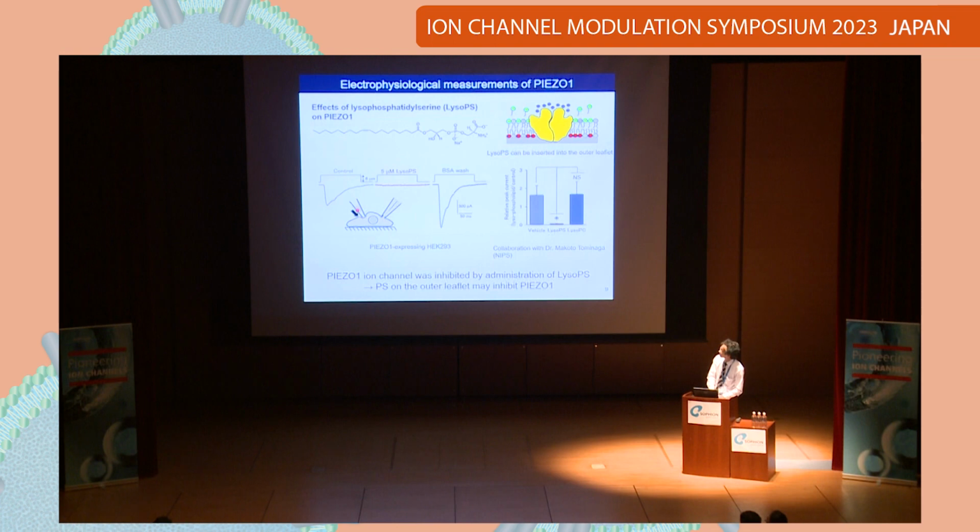When mechanical indentation was applied to HEK293 cells, we could see strong inward currents in control cells. However, the PIEZO1 current was clearly blunted by application of lysophosphatidylserine. Furthermore, removal of lysophosphatidylserine from the outer leaflet by BSA wash clearly rescued the PIEZO1 current, suggesting that phosphatidylserine on the outer leaflet may inhibit PIEZO1.